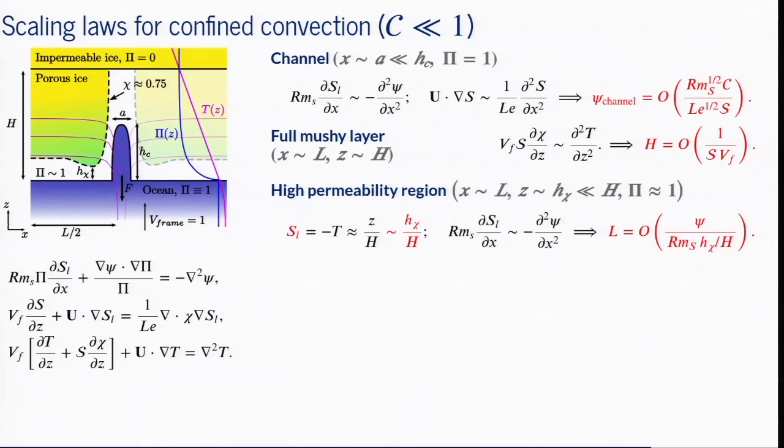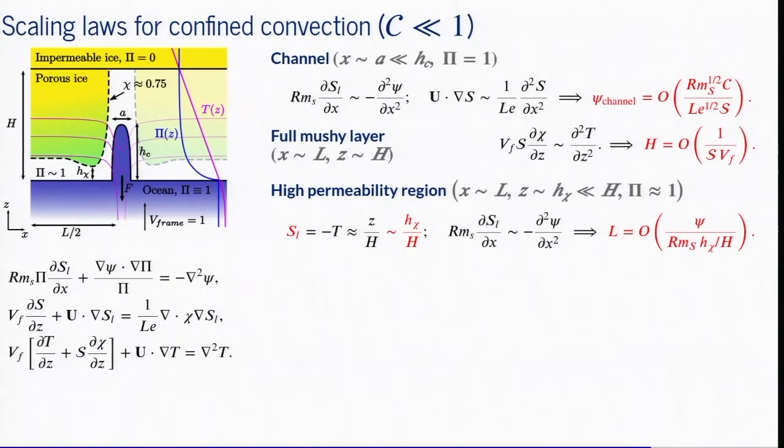The flow actually is really constrained to a high porosity region at the bottom of the ice. If you plot the diffusive solution, that's the temperature and the permeability in these curves here, you find that the diffusive solution to this problem sets up this high permeability region, and the flow is really not able to penetrate much further below that.